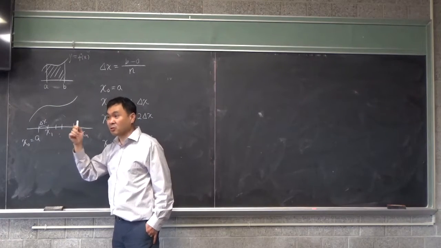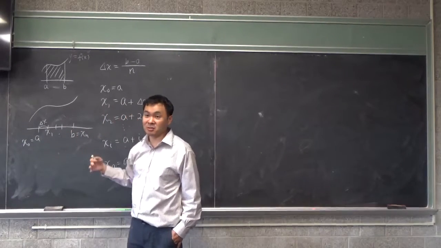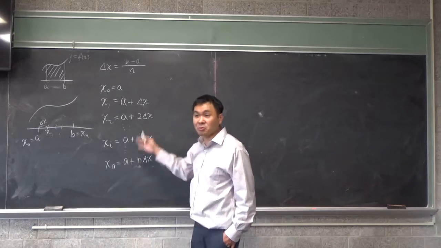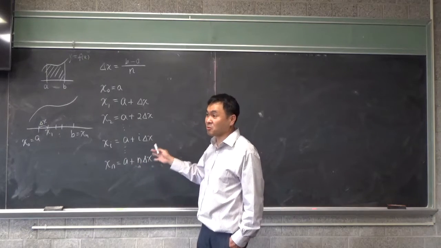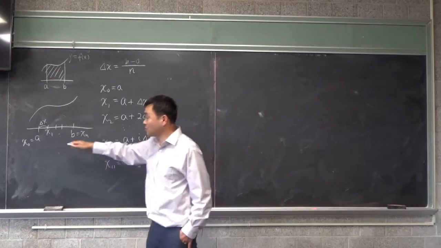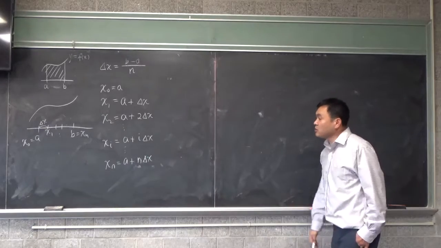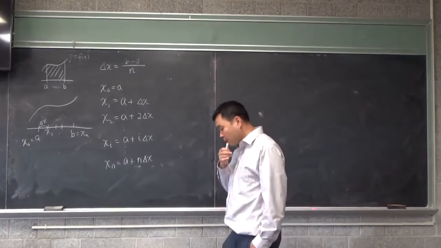The way you think is you start from A and you just keep going by delta x. If you do this a couple of times, it's really easy to write down the formulas. There's no need to memorize this formula. Just think about this picture. Okay, so by doing that, you'll find all the endpoints.